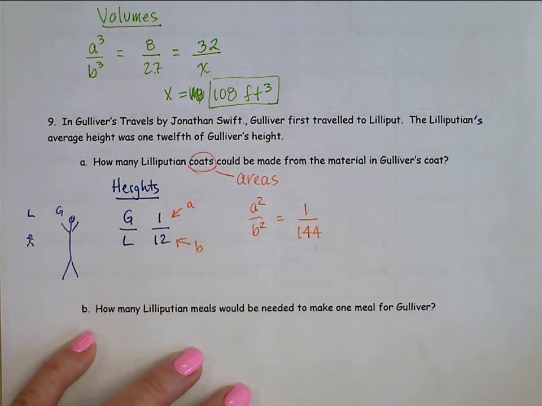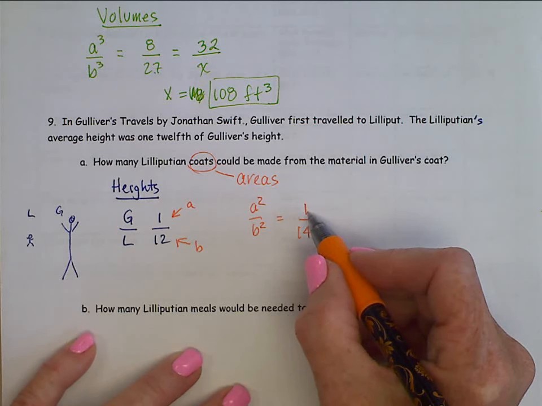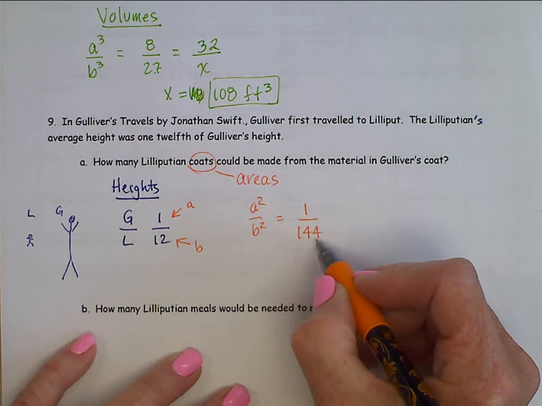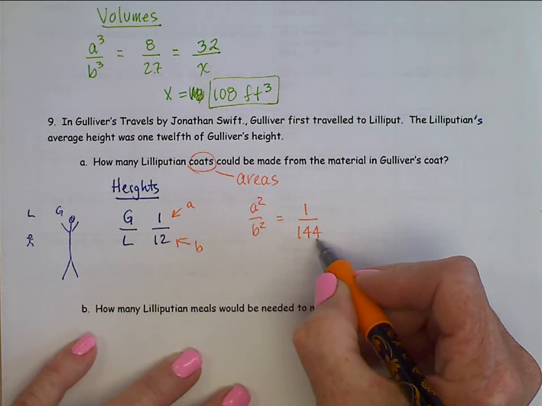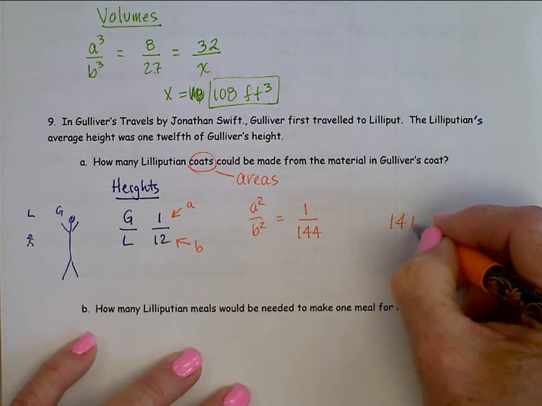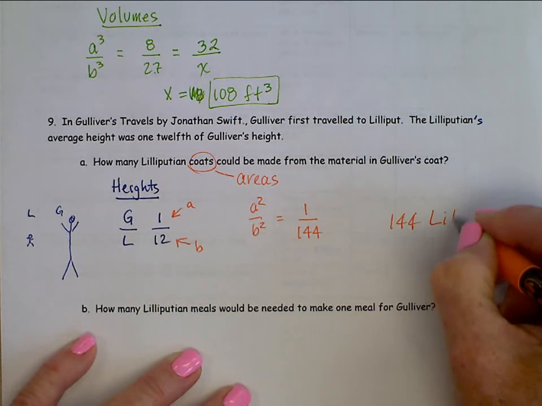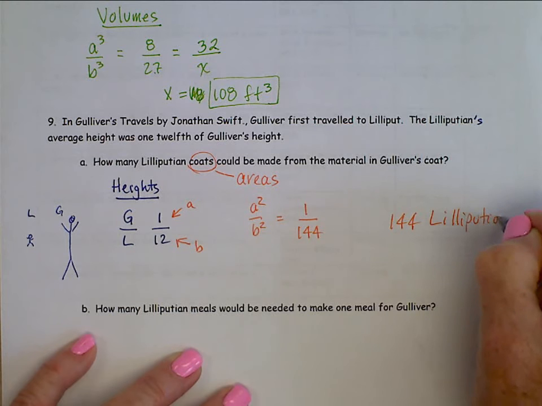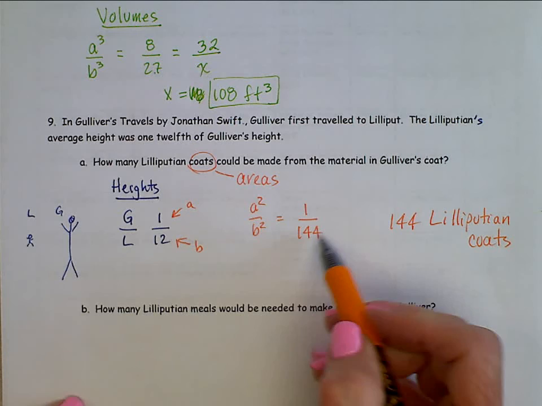This means for one of Gulliver's coats, there are 144 Lilliputian coats. One of Gulliver's coats would make 144 Lilliputian coats.